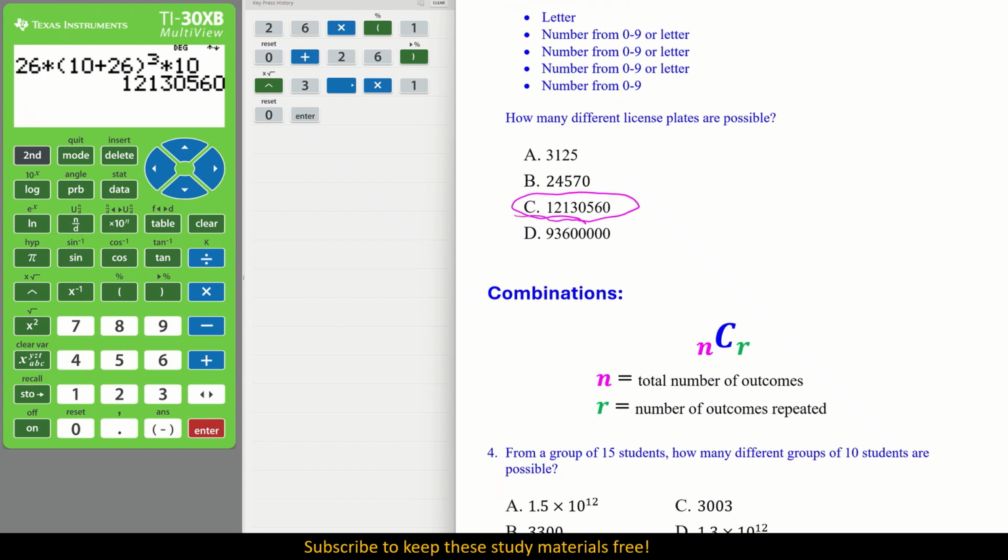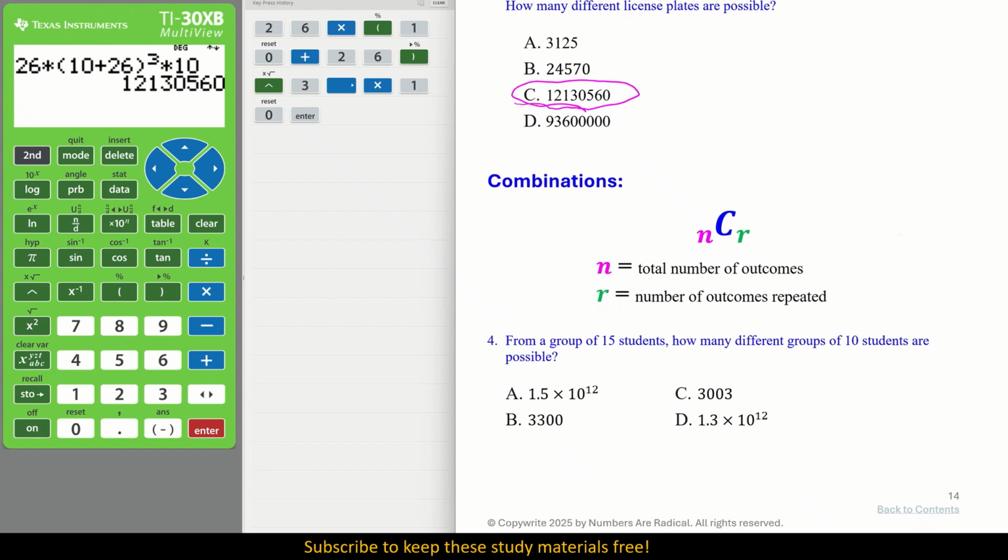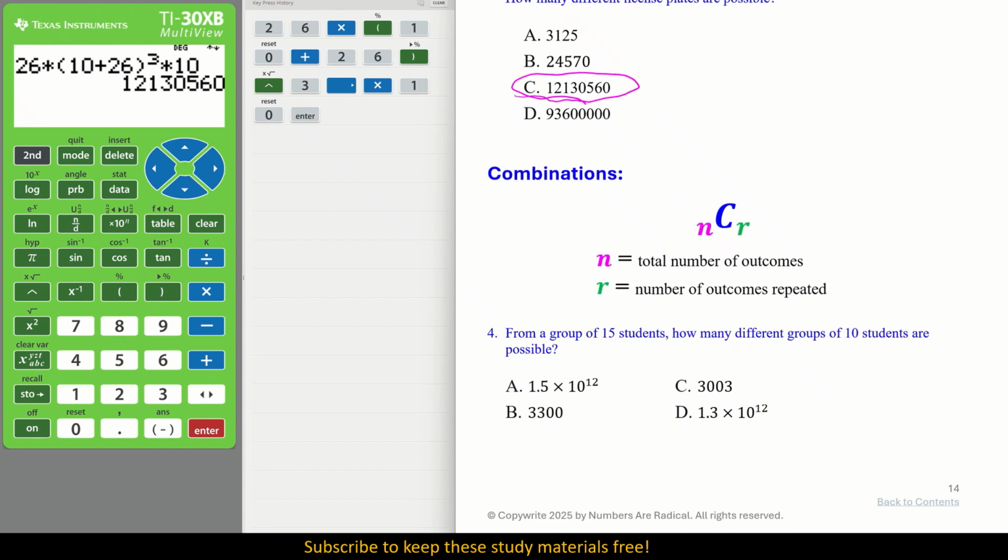For the next one, number 4, we're going to be working with combinations, by the way. From a group of 15 students, how many different groups of 10 are possible? Well, when it says groups, it's a combination because order does not matter.